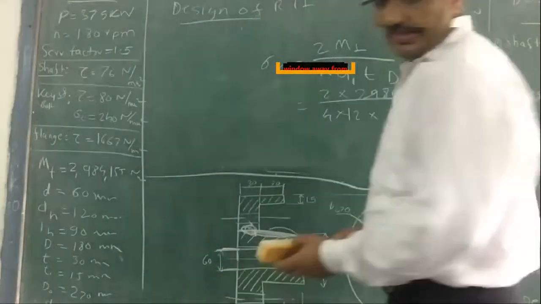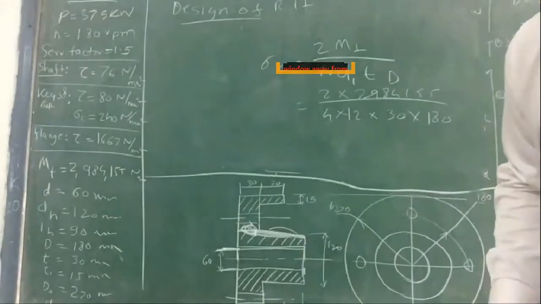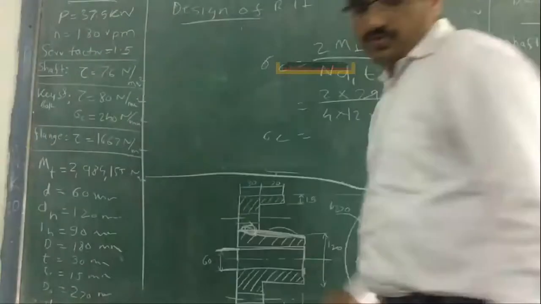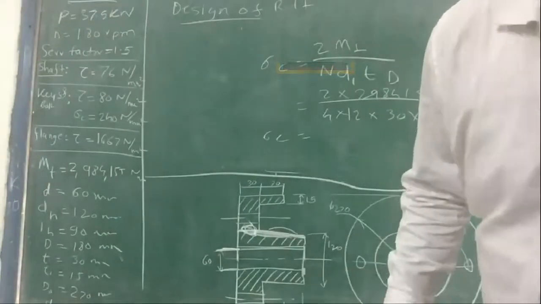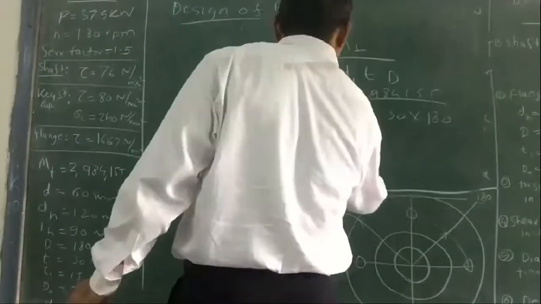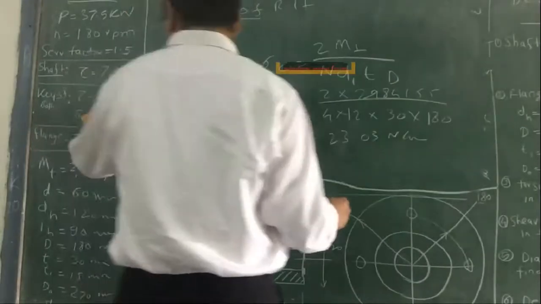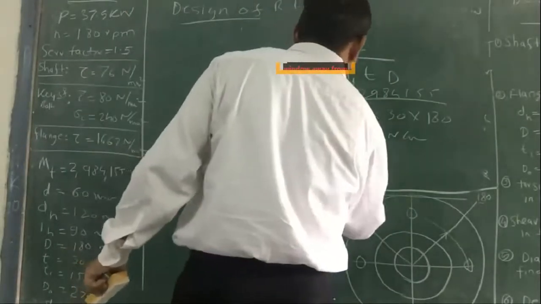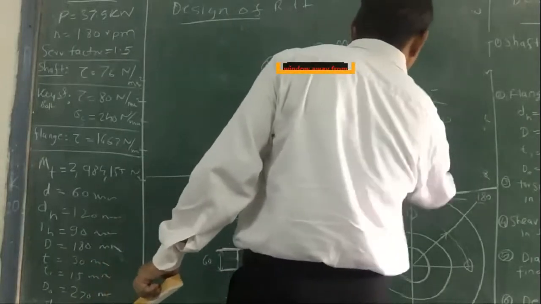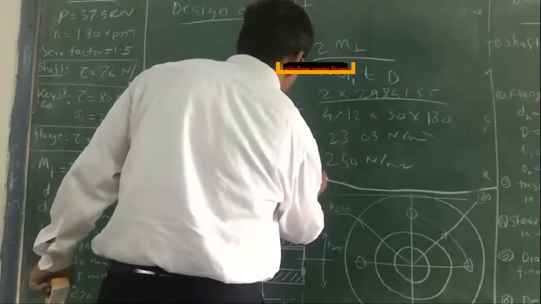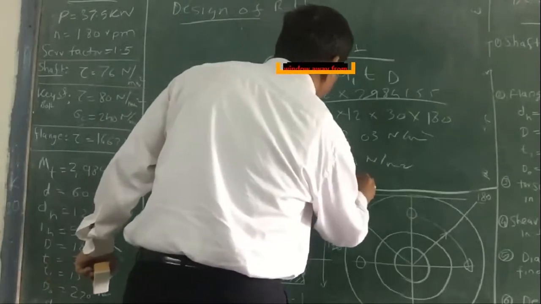Let me verify the numbers: 4, 12, 30, 180. Okay, fine. So with that we will get sigma c equal to 23.03, and our allowable crushing stress is 240, so it is less than 240 Newton per mm square. So now we can say the bolts are safe in crushing.